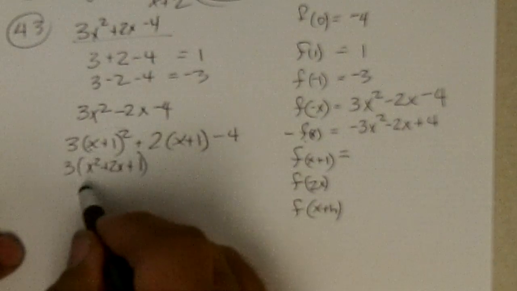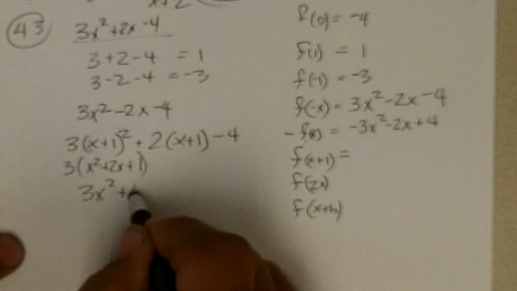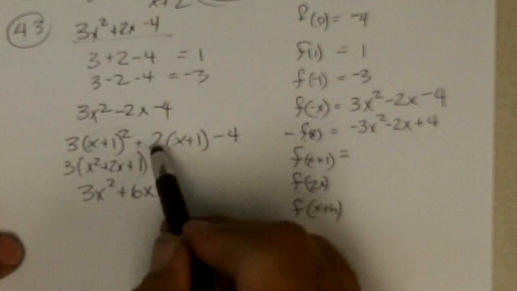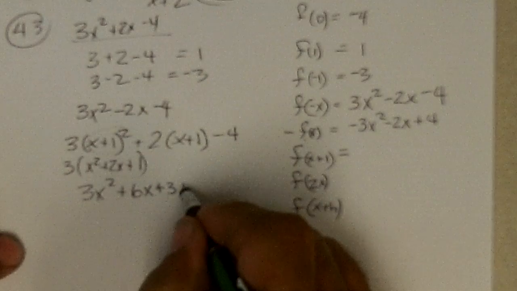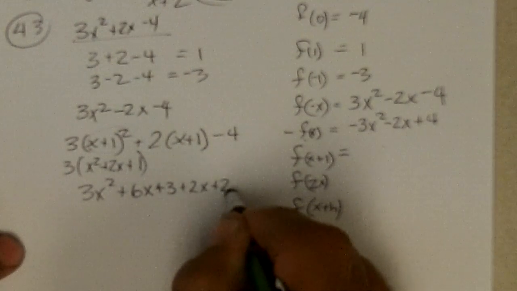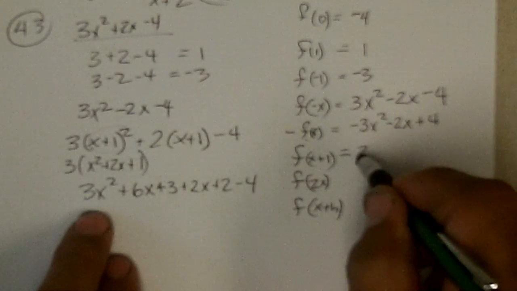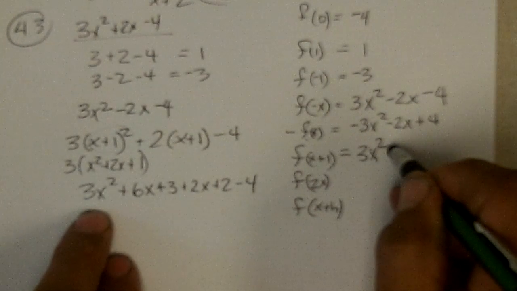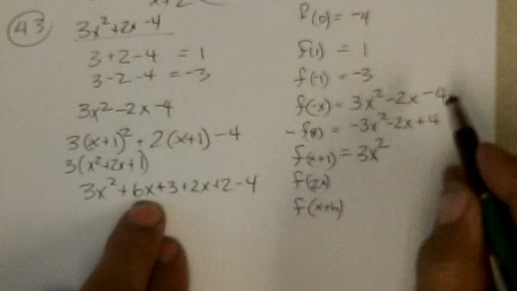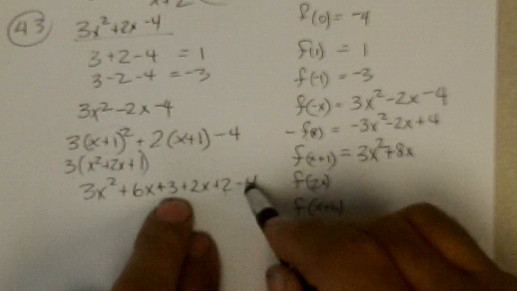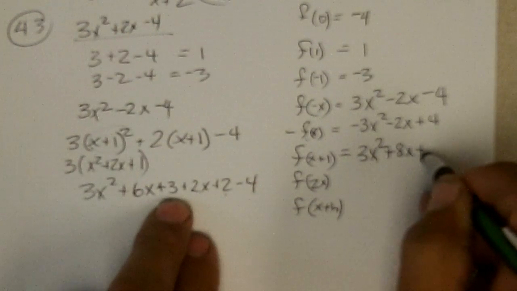Take that times 3, I get 3x squared plus 6x plus 3. Distribute the 2 and I get plus 2x plus 2 minus 4. Simplifying, I've got 3x squared, 6x and 2x is plus 8x, plus 3 and 2 is 5, minus 4 is plus 1.